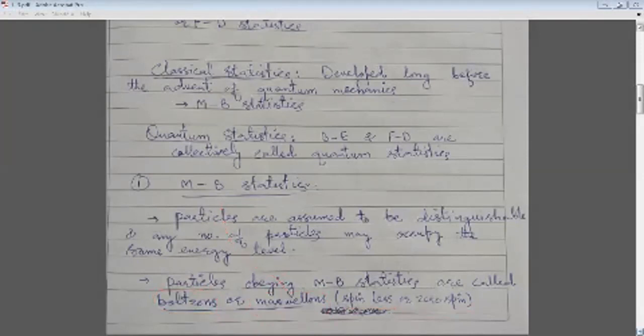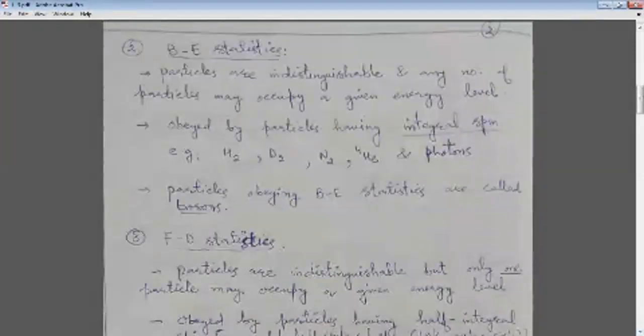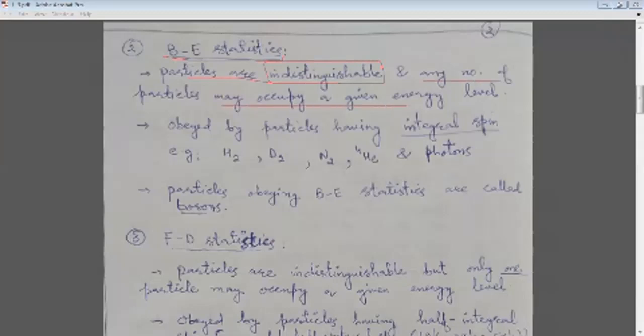Now, the second one is called BE statistics. Here, particles are indistinguishable. In the first statistics, we discussed the particles are distinguishable. Here, indistinguishable, and also any number of particles may occupy a given energy level.